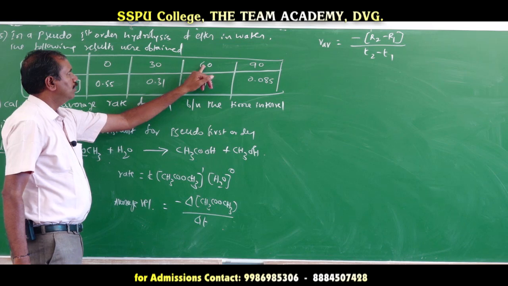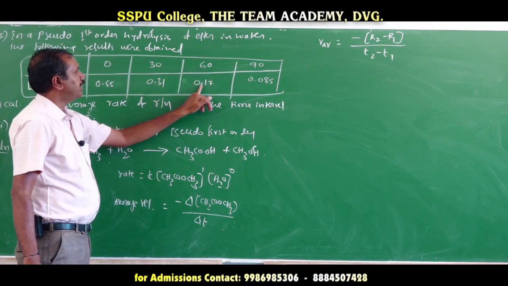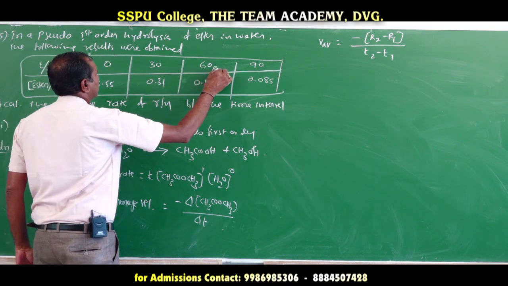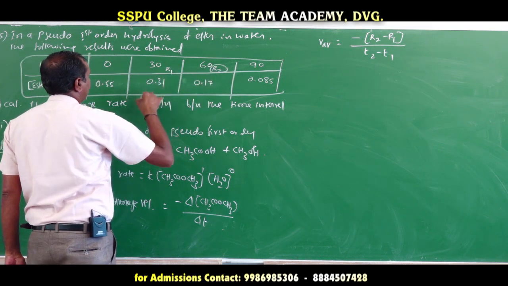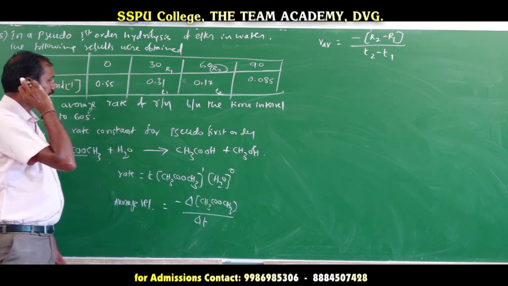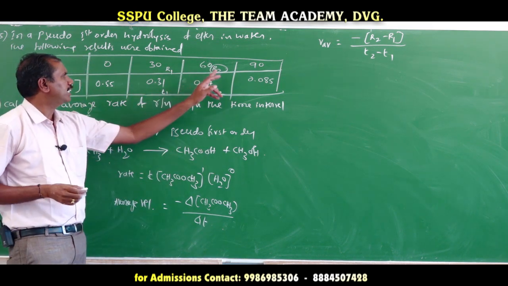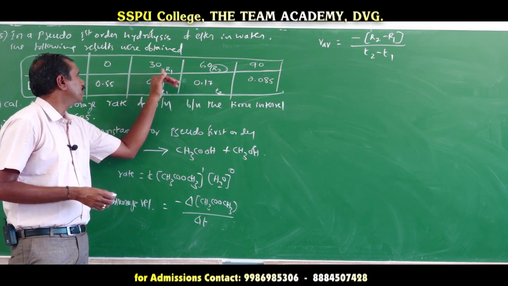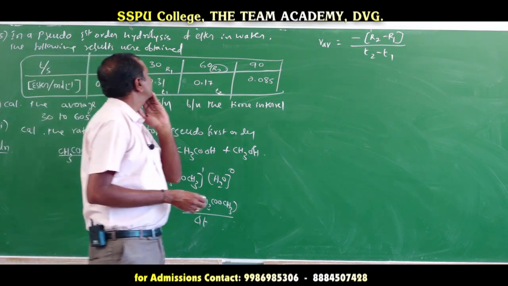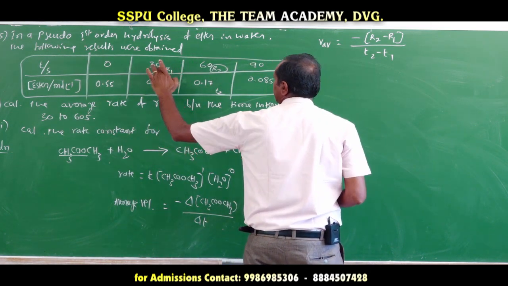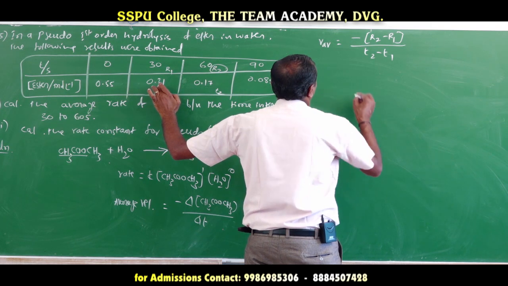Okay. R2, that is at 60 minutes, it is 0.17. If this is considered as R2, this is R1, this is T2, this is T1. At R2, the 60th minute concentration is 0.17. R1 means at T1, time is 30, concentration is 0.31.